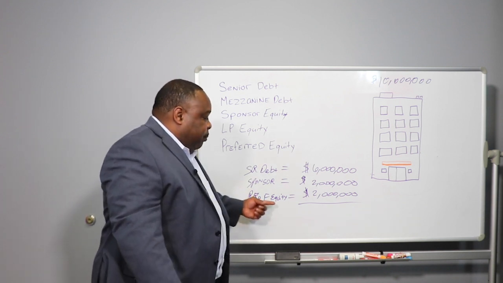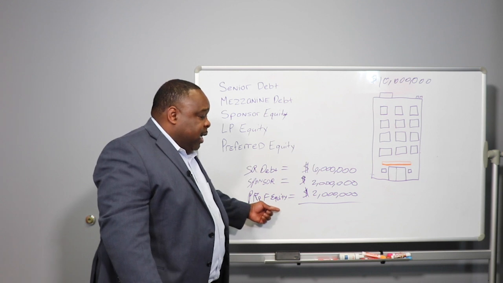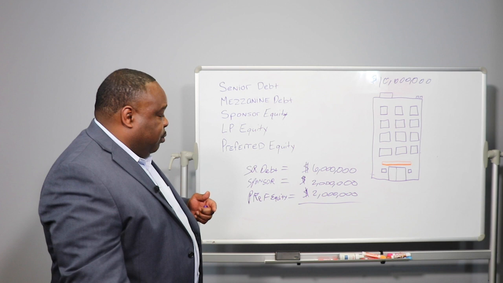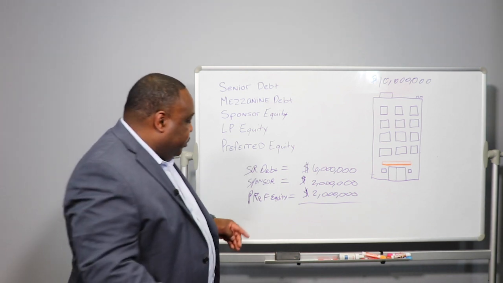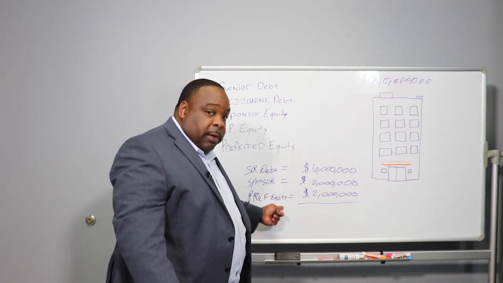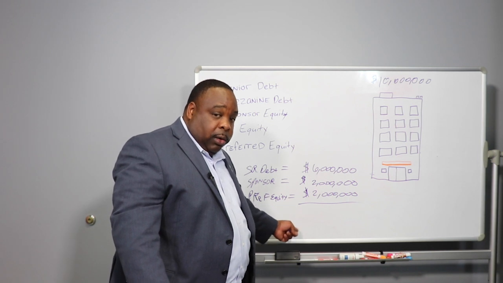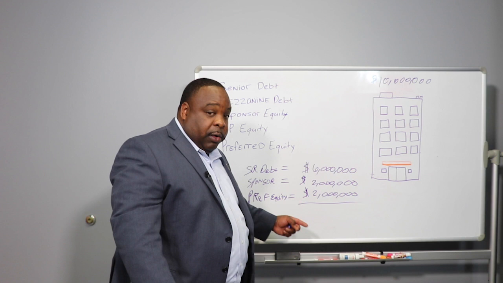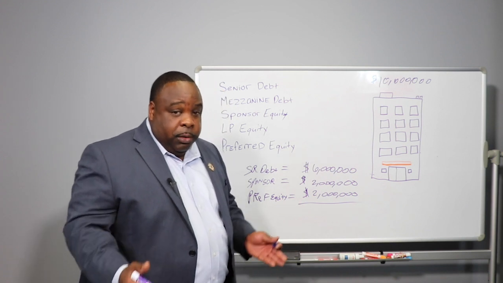But it would pay a preferred rate of return, and then once the project reaches a certain target, a promote is paid to the pref equity holders, which could potentially make that equity portion very expensive to the capital stack.